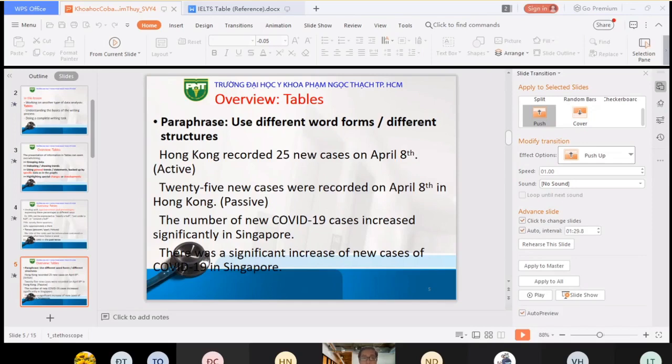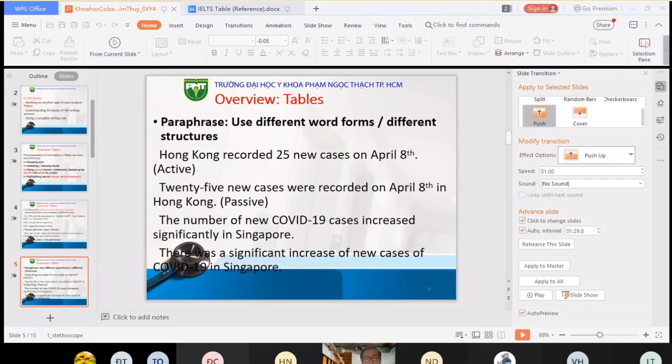Or you can say, the number of new COVID-19 cases increased significantly in Singapore. This sentence can be paraphrased as: there was a significant increase in new cases of COVID-19 in Singapore, right? So in this example, you can see that the part of speech has been changed. In 'increased significantly', increase is a verb and significantly is an adverb.